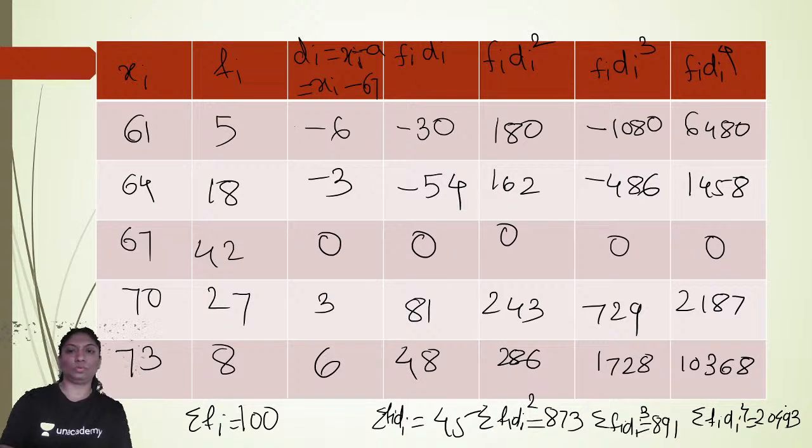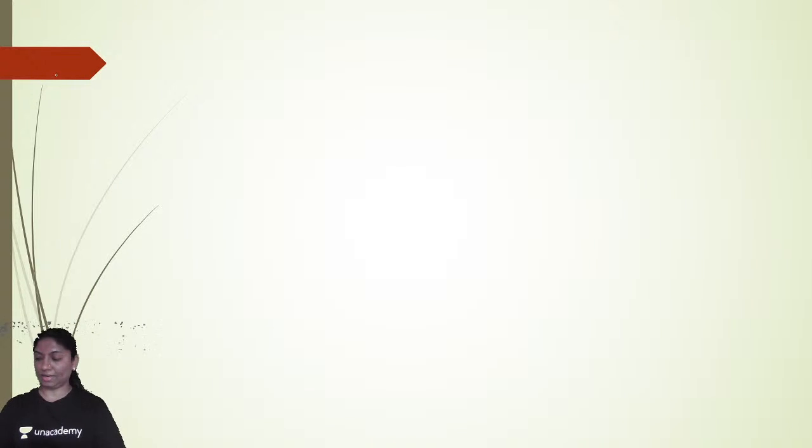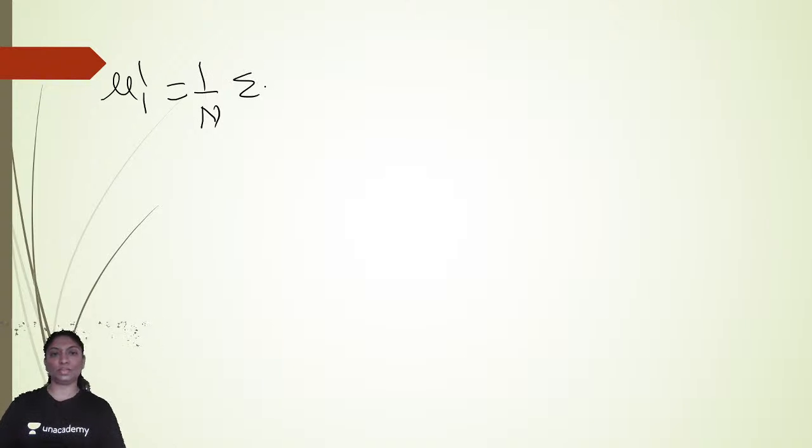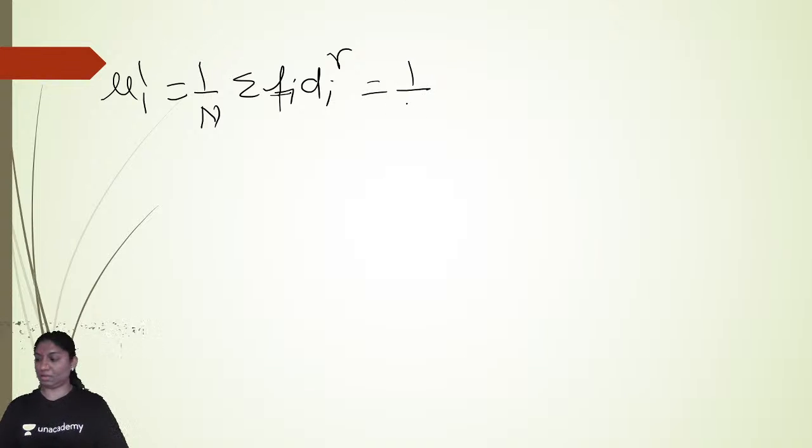Okay. Now immediately I'm calculating mu 1 dash. You can calculate mu r dash as 1 upon n summation of fidi raised to r, because those who are watching later will also understand. So 1 upon n is 1 upon 100 into summation of fidi raised to 1.